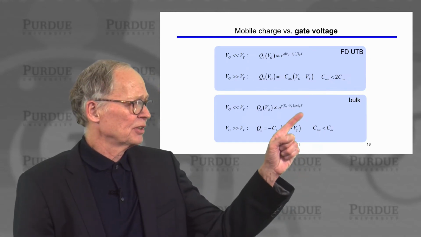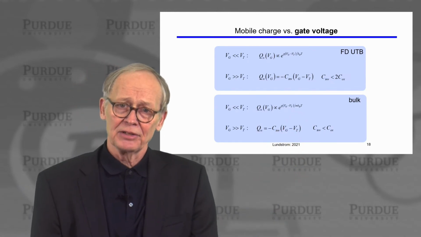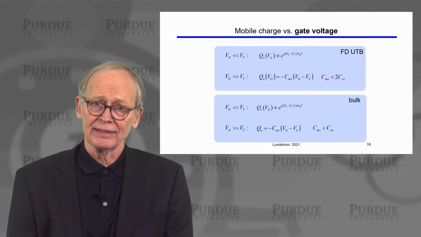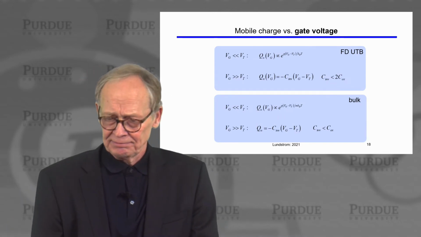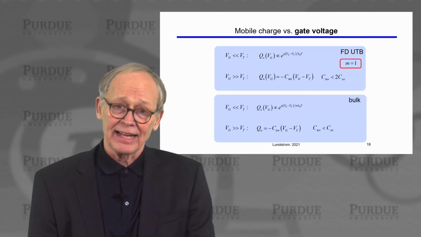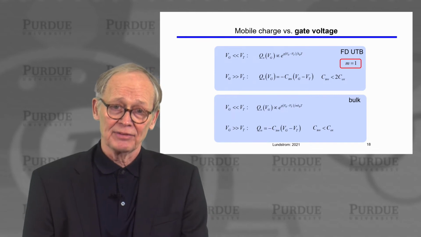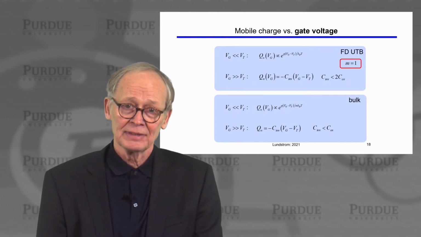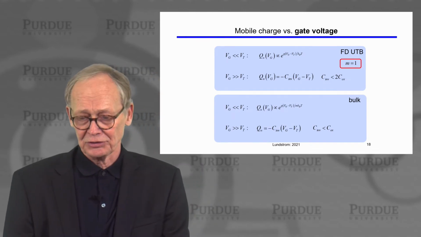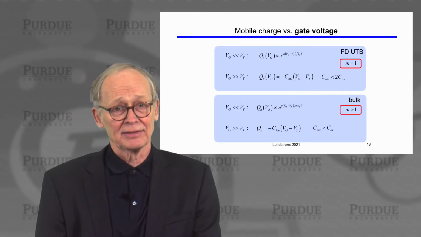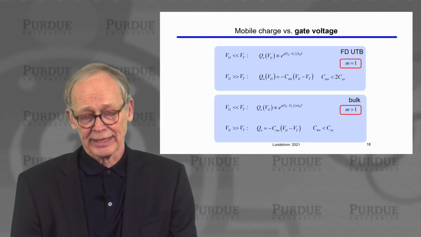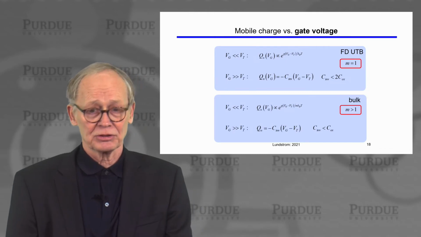In a bulk structure, there'll be a factor M. It is a little bit bigger than 1. That'll be in that expression. Okay. The fact that M is 1 is really very useful and helpful for ultra-thin body, fully depleted structures, because M is always a little bit bigger than 1 for a bulk structure.